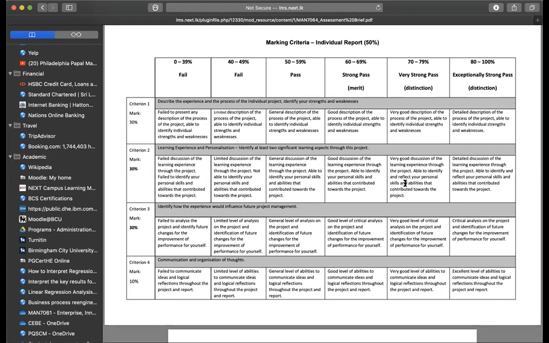Okay. Then criterion 2 is learning experience. Identify at least 2 significant learning aspects through this project. What did you learn? You can say a lot of things. I learned interpersonal relationships. I learned the concepts in operations management.